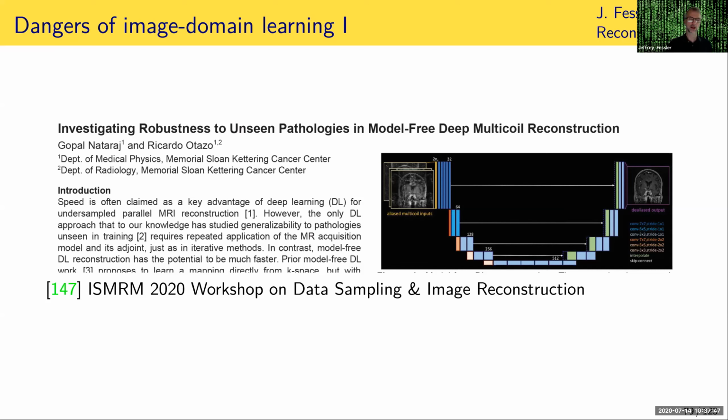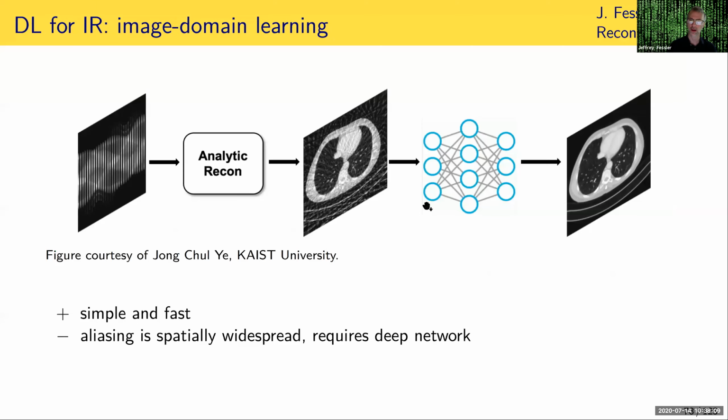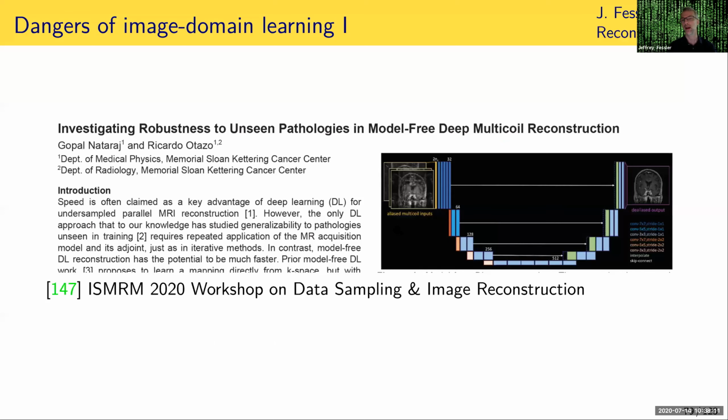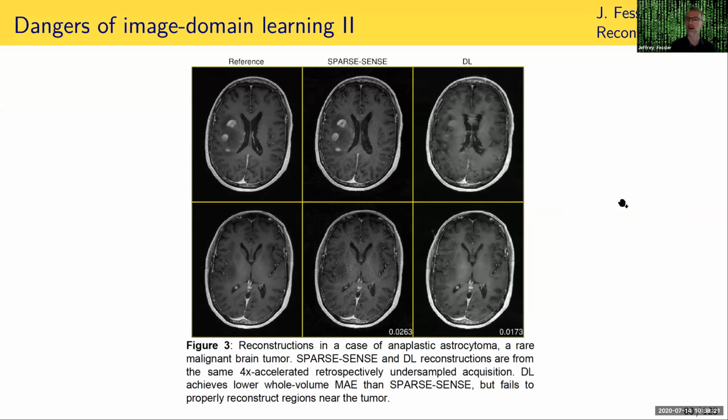I want to highlight one talk from a workshop that took place back in January in Sedona, back when we could still get together in person, by a former PhD student of mine who's now a postdoc at MSK in New York, where they're focused on cancer imaging and have lots and lots of MRI scans of people with brain tumors. They trained a deep network of this kind to take aliased images from multiple coils, put them through a U-Net, and de-alias the output. And they gave it lots and lots of examples of brain tumors of different kinds.